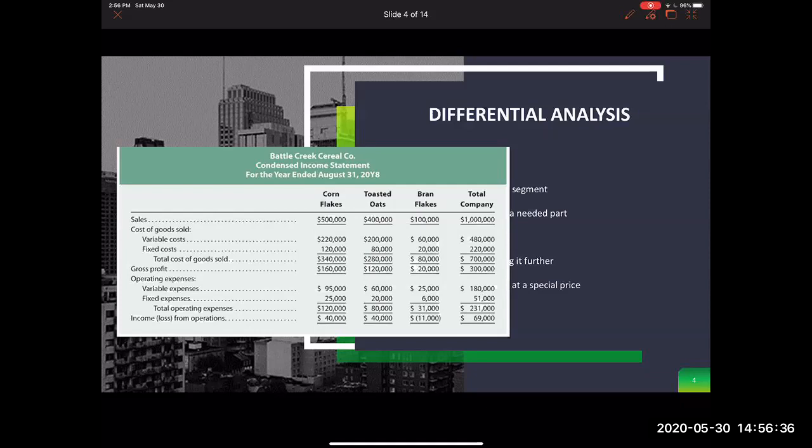Now, in looking at all three, it's quick and easy to identify the one that's underperforming, which is the bran flakes, right? They're losing about $11,000 per year or per month or whatever the case may be. Now, logically, it would make sense for us to look at this scenario and say, oh, we're going to discontinue the bran flakes line because they're losing money.